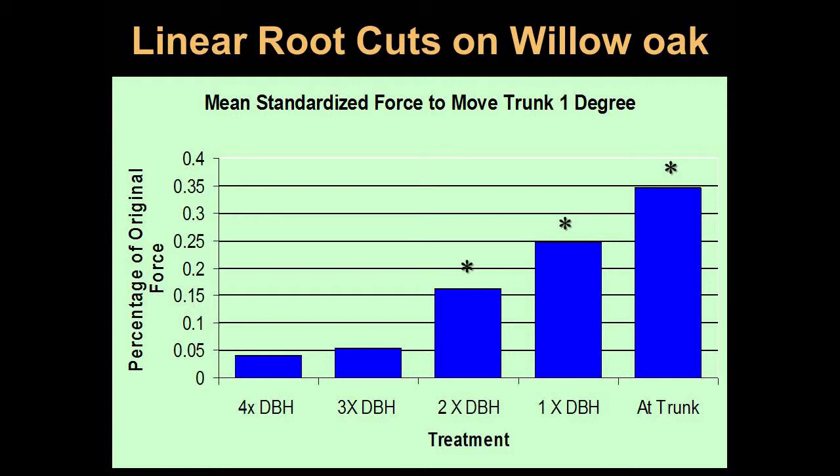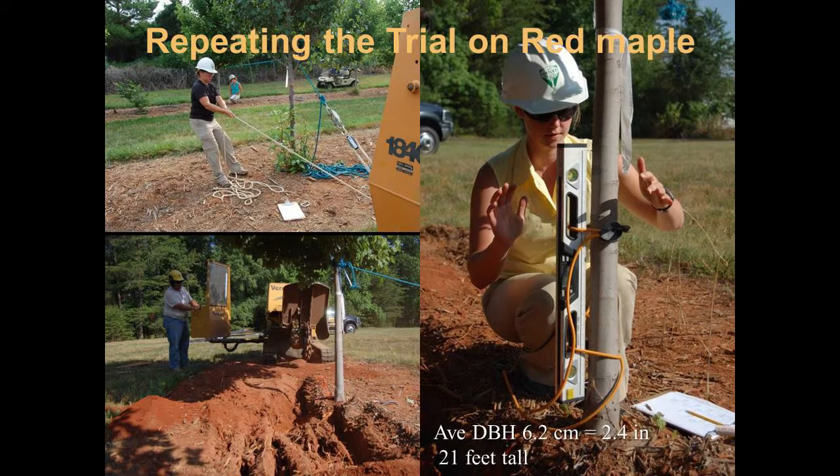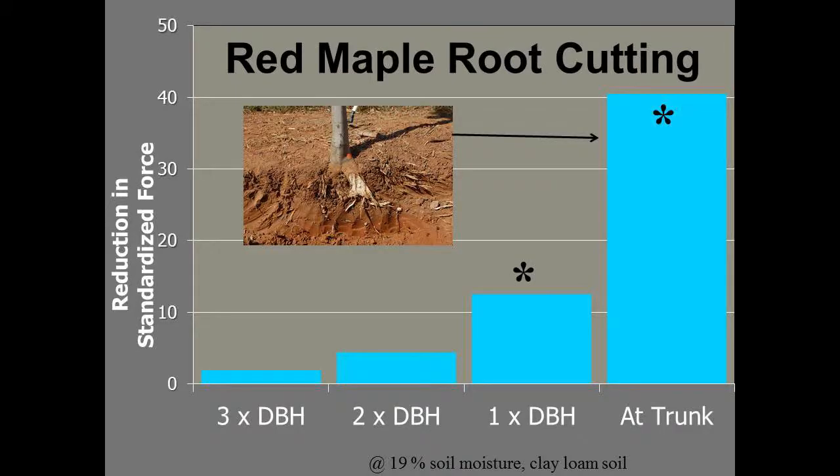We also tested small red maples and large red maples using basically those same techniques. With our red maples, we actually were able to cut closer, basically less than 2 times DBH, before we had a significant difference in that stability factor. We also did pines.